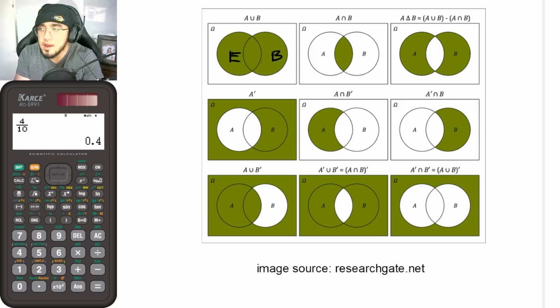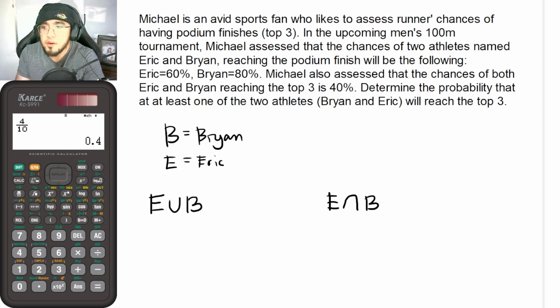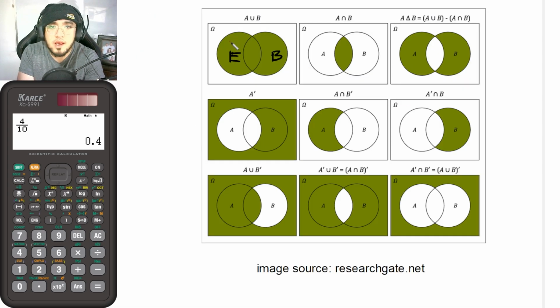But if Eric and Brian both reach the podium finish, it now covers this area here. In our problem, we are to determine that at least one of them will reach the top 3, meaning we will cover the whole area.